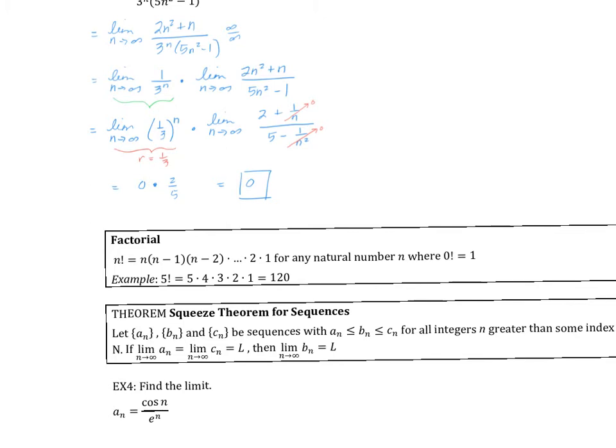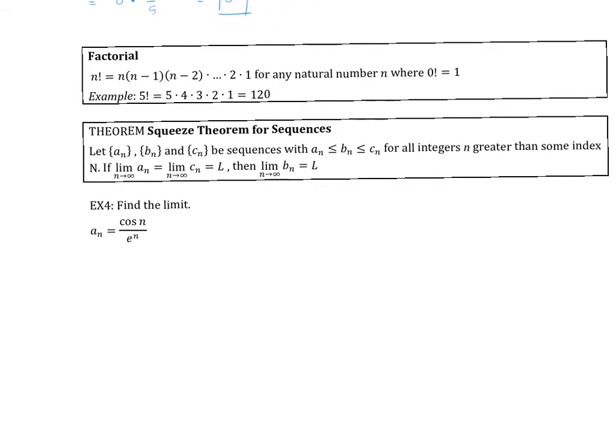Something that I would like to talk about is a factorial. These are going to come up quite a bit in later sections. A factorial, and we use the exclamation point, is simply a product where we keep reducing by 1 until we get to the factor 1.